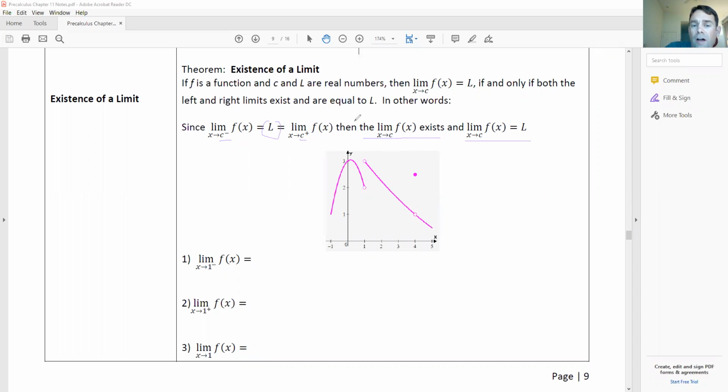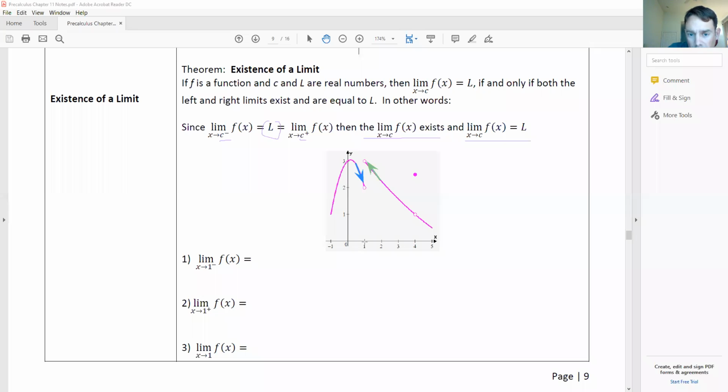Now I could find one-sided limits even though the regular limit doesn't work, because a one-sided limit doesn't require the regular limit to work. So for instance, if I'm coming at x equals 1, like we are talking about here in this problem, I have approaching 1 from the right side, but I also have approaching 1 from the left side. So if I'm asking you to tell me what it is at 1, let's use an arrow for that.